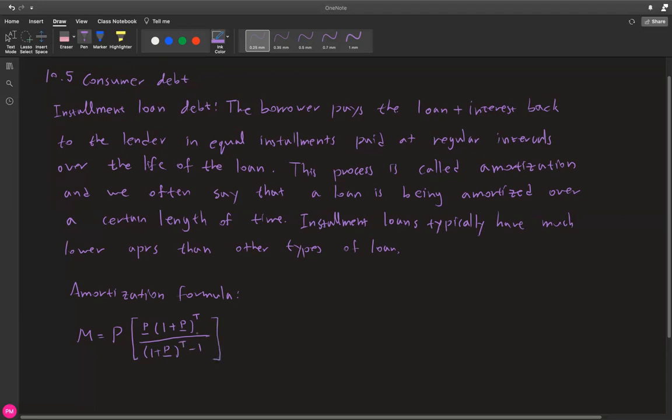Here, we already know a lot of these things, but let's still define things. Here M is the monthly payment. And here capital P is the principal.